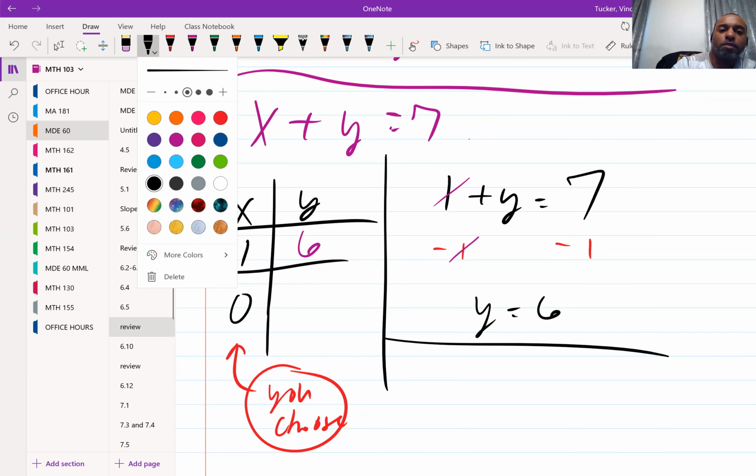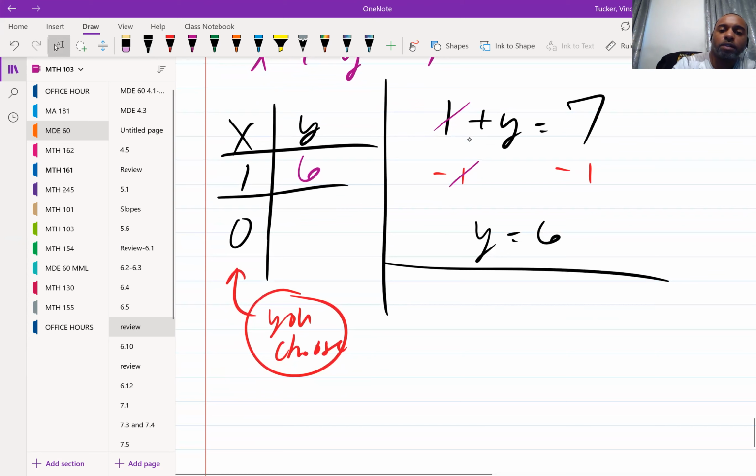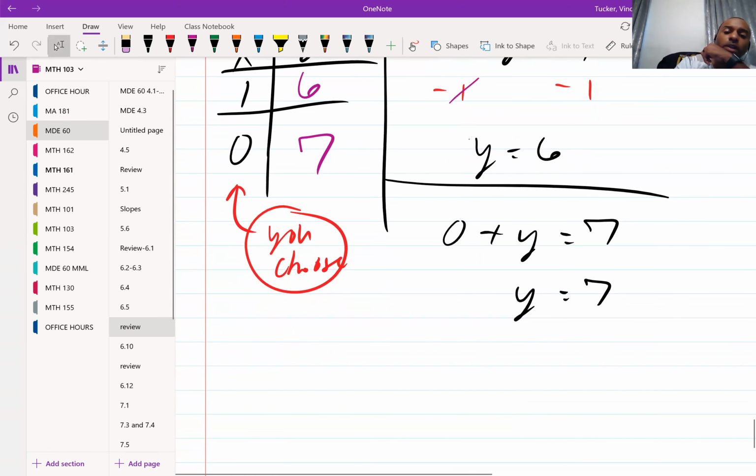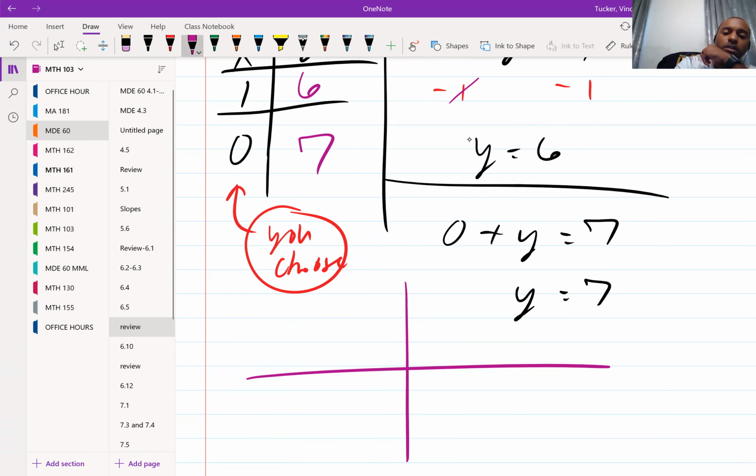Then plug in 0 for X. 0 plus y is just y, so y is 7. When X is 0, Y is 7. So you choose X's, plug them into your equation, and find the corresponding Y value. When X is 1, Y is 6. When X is 0, Y is 7. And then from there, you graph that.